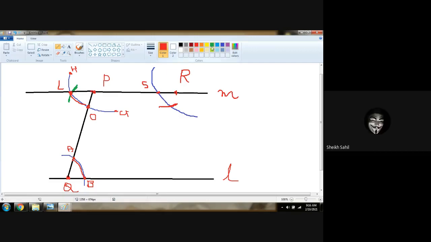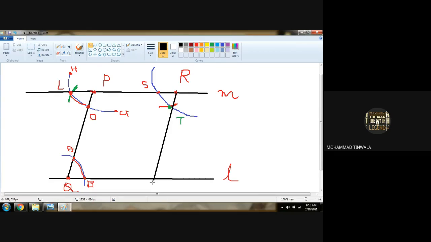Understood? Now this point will be point T. Now we will join line segment R and T. And we will form your construction like this. It will come exactly parallel.